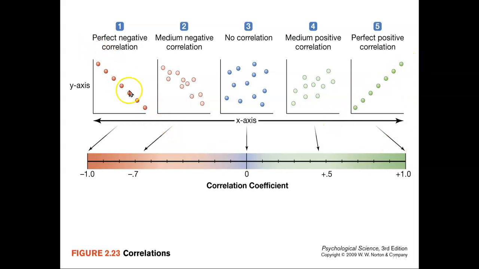Here we have a perfectly negative correlation. Here we've got kind of a moderate medium. Here we have no correlation at all. You cannot find a line of best fit in here. So with a medium positive correlation, I can still find some line of best fit. I can do that with a medium negative correlation as well. But with no correlation, there is no line of best fit.